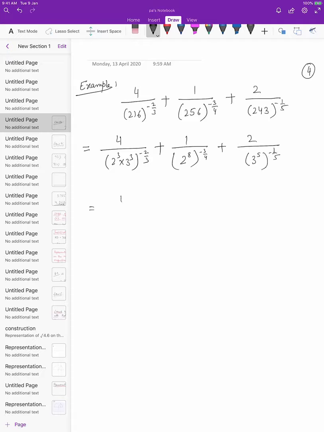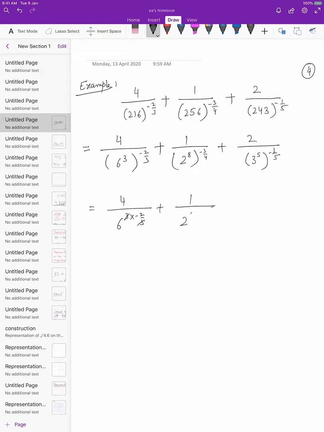So what do we get here? 4 upon. Now when I open this bracket, here if you want you can write it as 6 to the power 3 also, because ultimately we want this to be cancelled out with the denominator here. So if I write 6 cube raised to the power this, even then what do we get here? 6 raised to the power 3 into minus 2 by 3. So this 3 and 3 will get cancelled here.